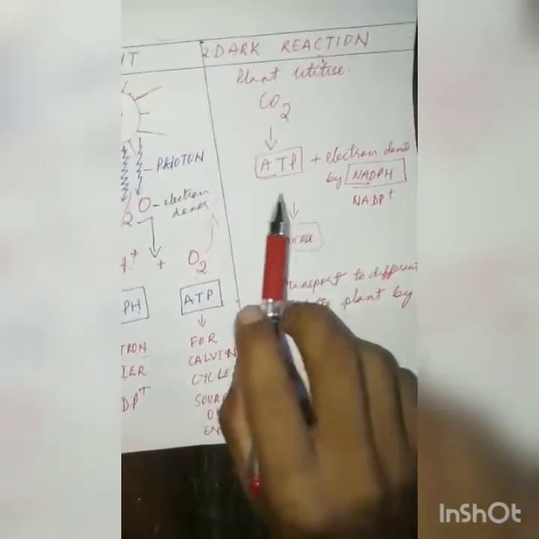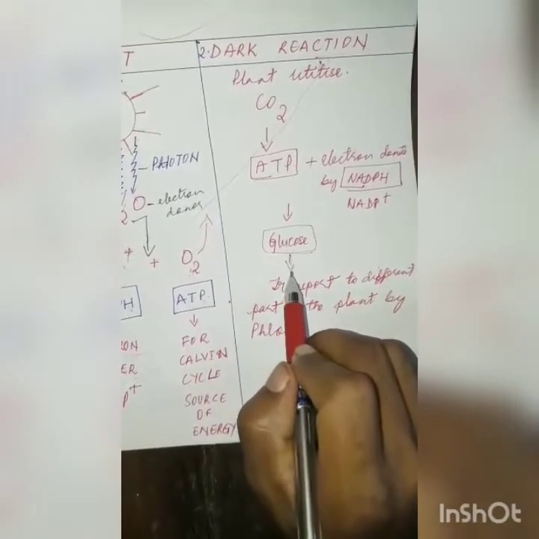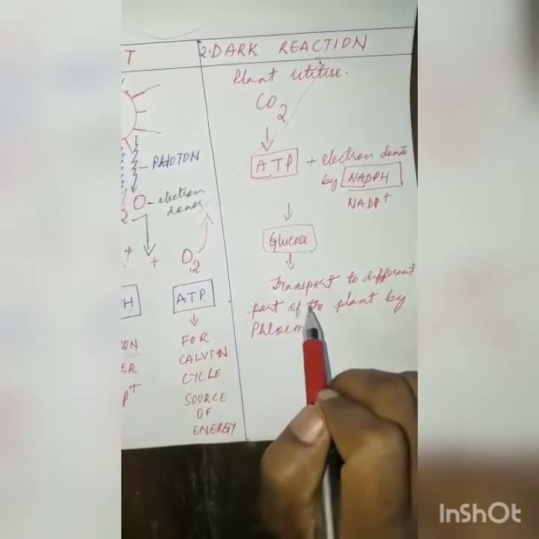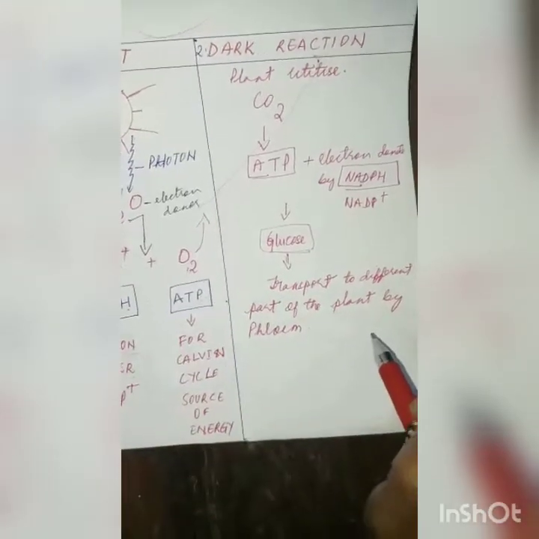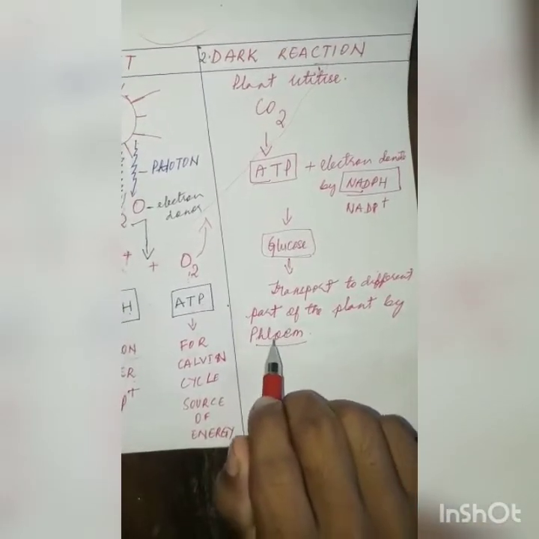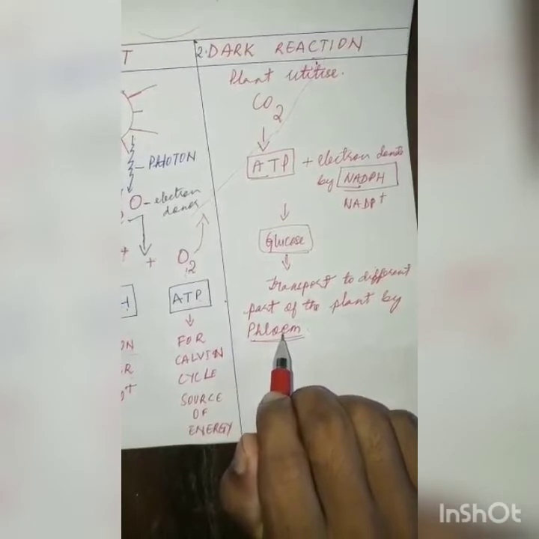This is all about the dark reaction. Then this glucose, after production, will be transported to different parts of the plant by the vascular bundle, the phloem. I'll be doing the video on phloem on Thursday, I think.